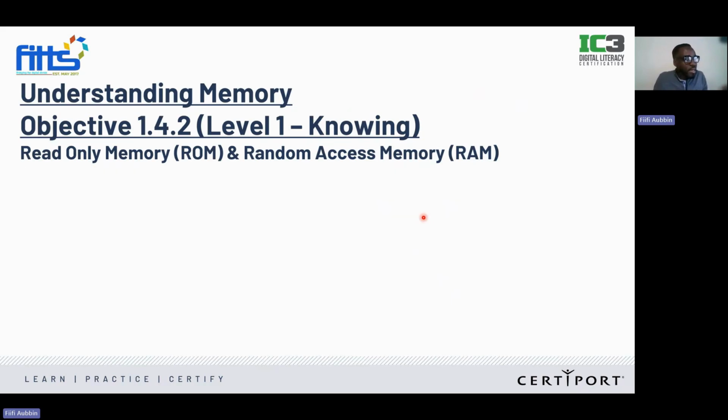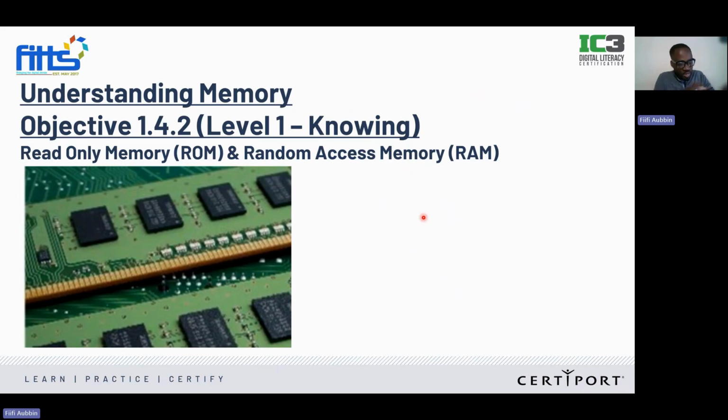Then there's an example of a random access memory. This little thing goes into a slot. If it's a desktop computer, it's a PCI slot, peripheral component interconnect. If you want to go deeper into that, I can recommend the CompTIA A+ certification program.